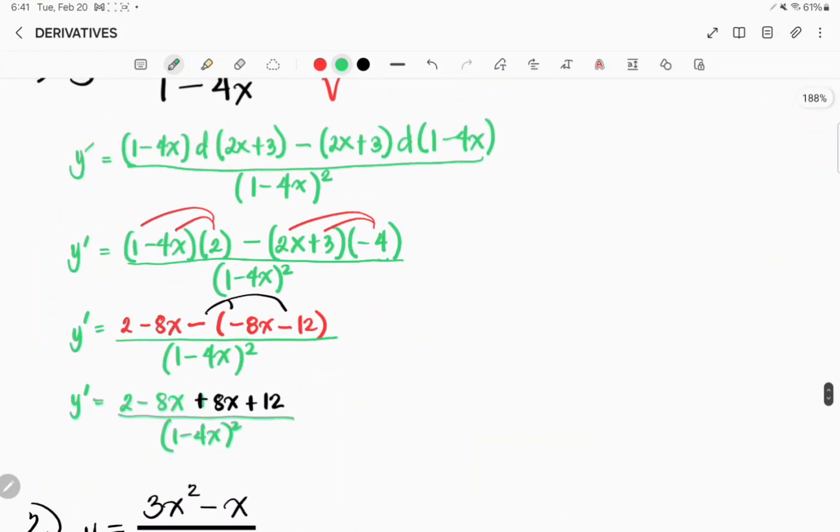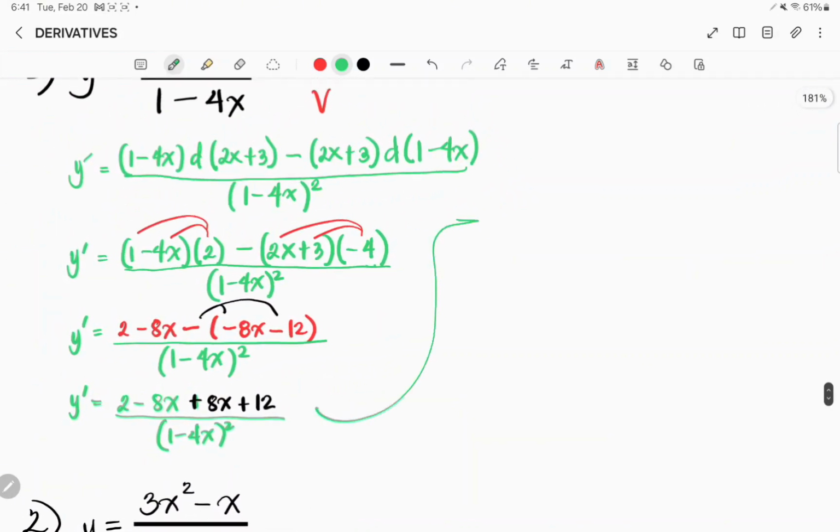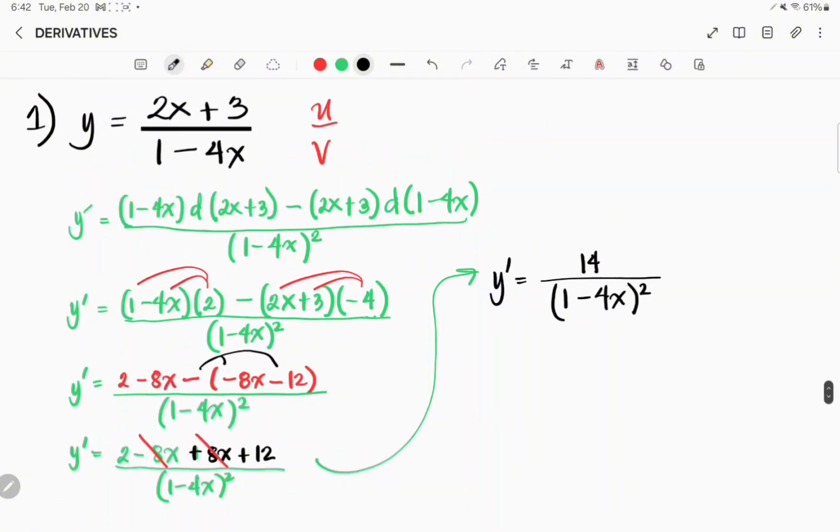So as we continue with our solution, simplifying the numerator will give us, this cancels, 14. Y prime is equal to 14 over 1 minus 4x square. So that's the final answer. That's the derivative of y equal to 2x plus 3 over 1 minus 4x.